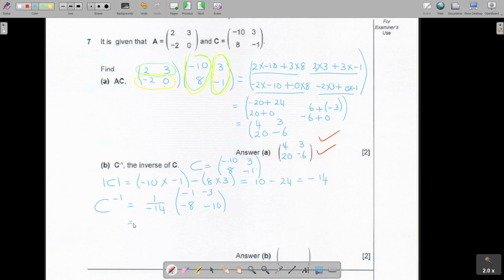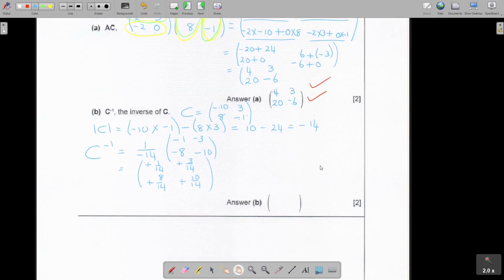And then you're just going to net this. You're going to get positive 1 over 14. You're going to get positive 8 over 14. You get positive 3 over 14. And you get positive 10 over 14. And you can now go and simplify it in the final position. So you don't have to write the positives.